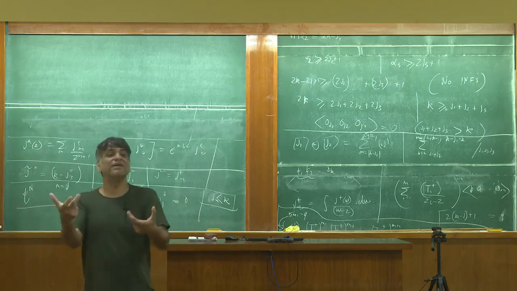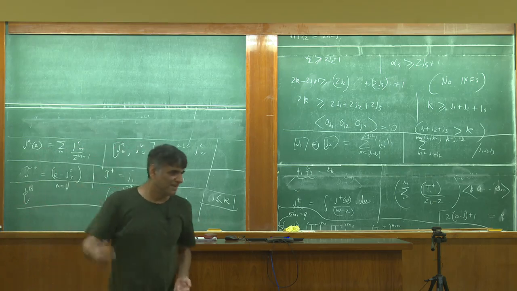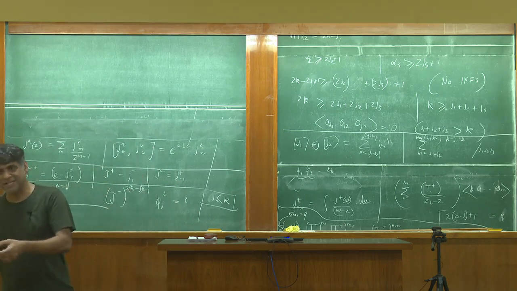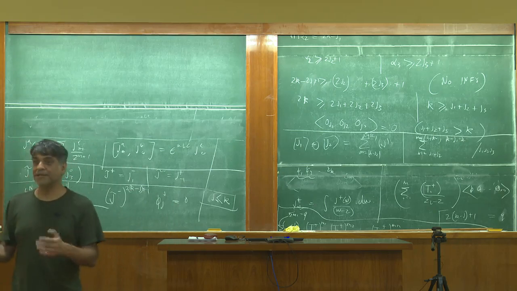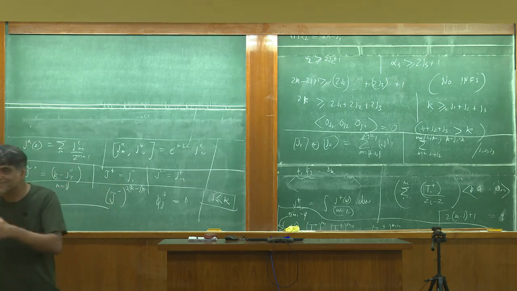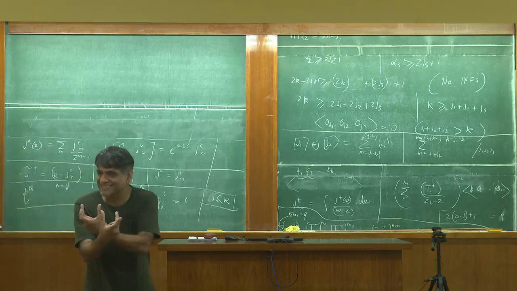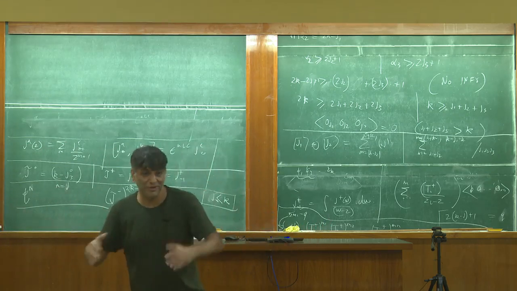It's the number of common things between J1 minus J2 to J1 plus J2 and J3 minus J4 to J3 plus J4. Some of you are thinking, oh God, this number will now depend on whether I fuse 1 with 2 and 3 with 4, or 1 with 3 and 2 with 4. Oh, but it does not. You can check for yourself that you get the same number of common guys.